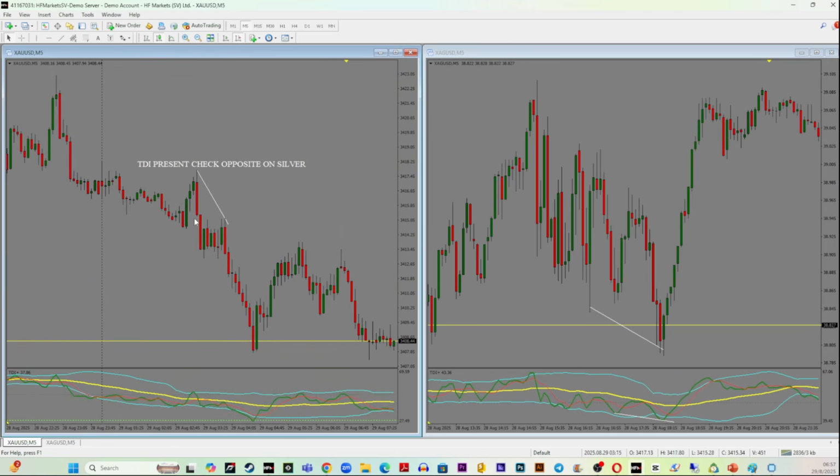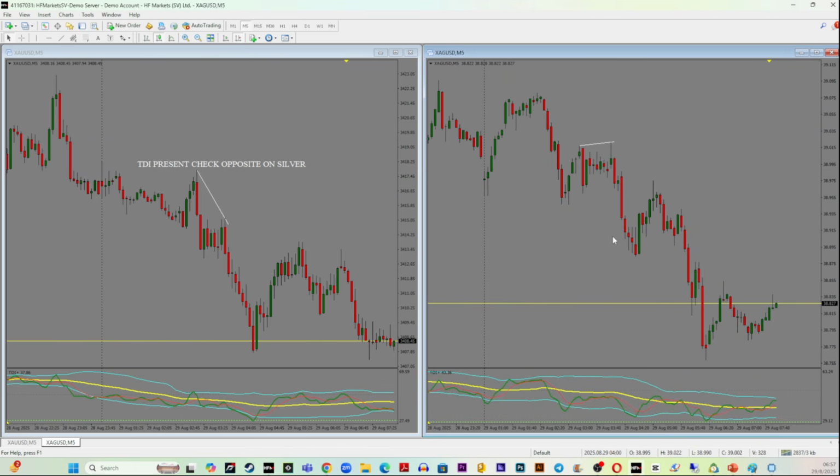This is actually a current signal that we could have taken if we were up during that time. If we look at this particular time, this is 3:15 on the 29th of August 2025, right?